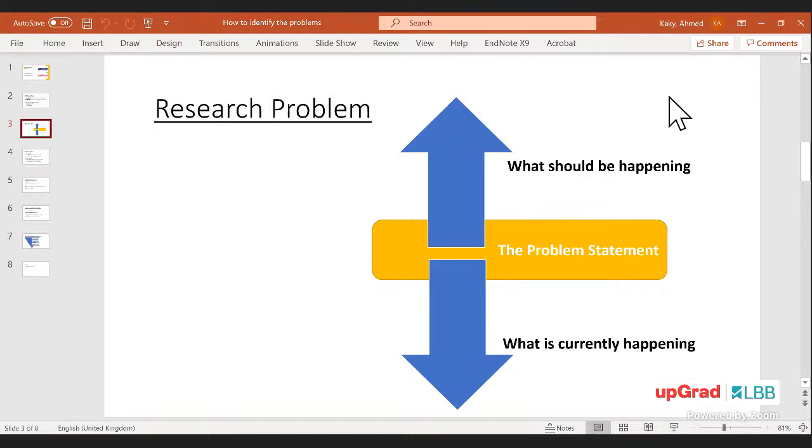Our work is to identify the problem right in the middle, because we need to fix, change, update, or come up with new solutions or a new theory.